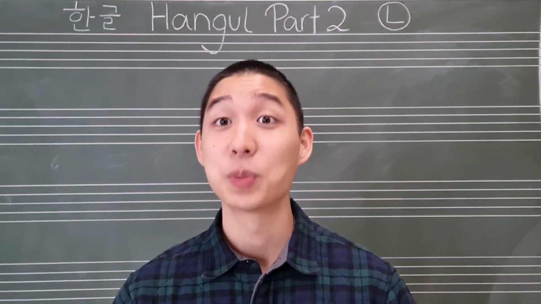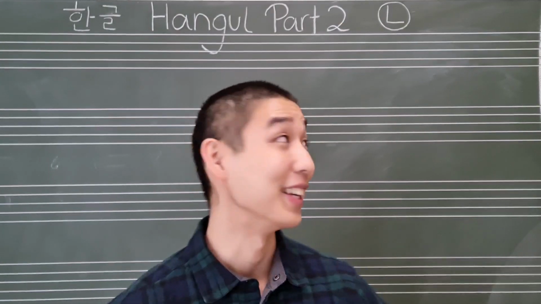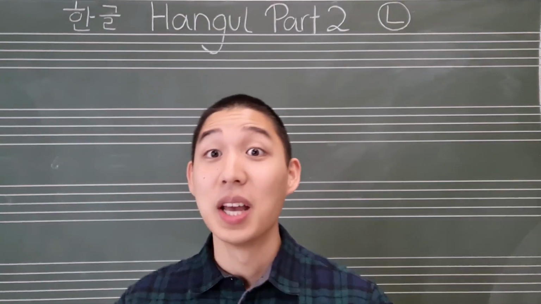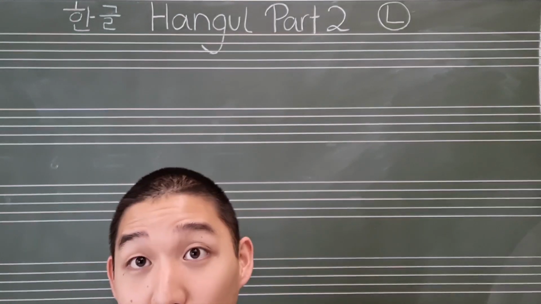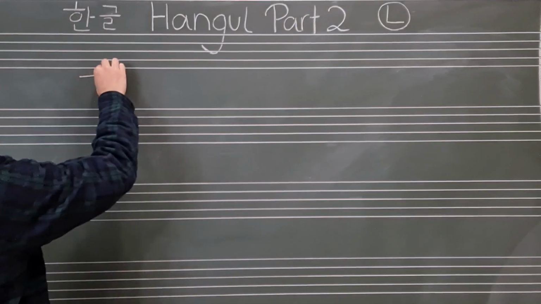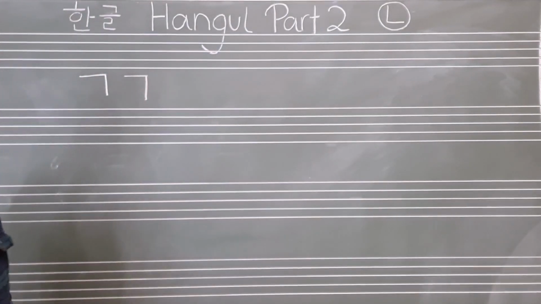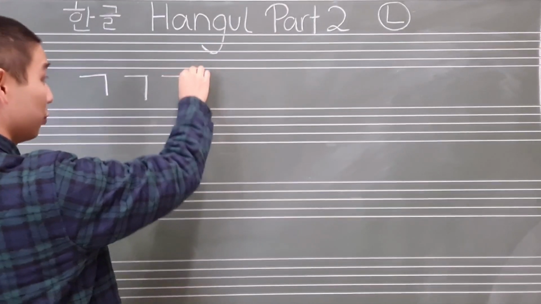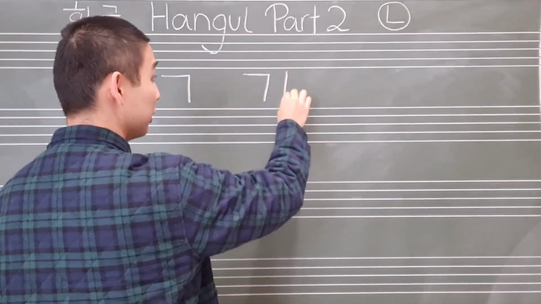This video is part 2 of learning Hangul and today's consonant is Nieun. But before we go on, we will do a recap of part 1. Part 1 we did this one. Remember? Giyeok. The stroke order is like this. And then we put it together with the vowel for this one.